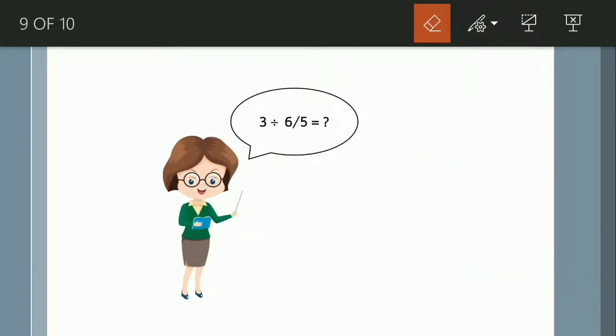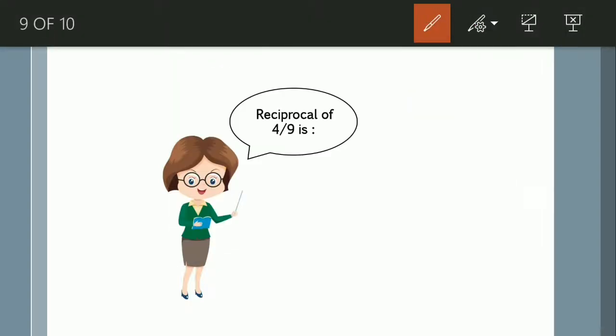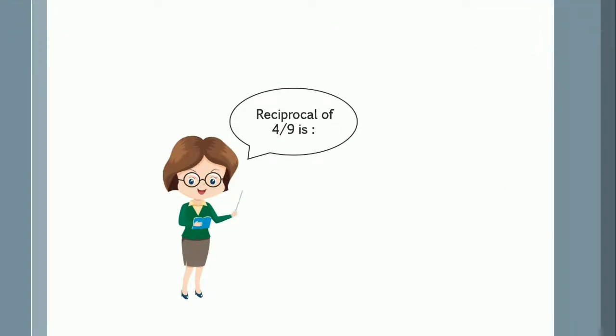Then see what is the next question. She is asking reciprocal of 4 by 9. Yes, Sapan, you tell. Very nice. Reciprocal of 4 by 9 is 9 by 4. Good.